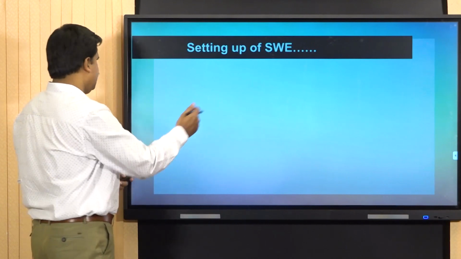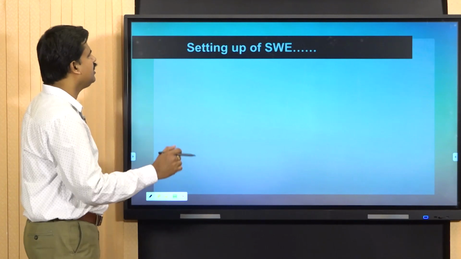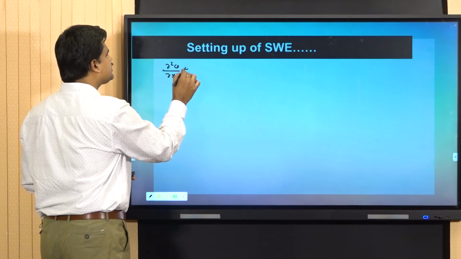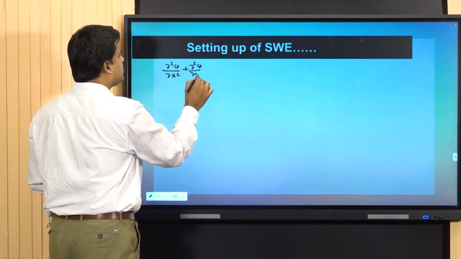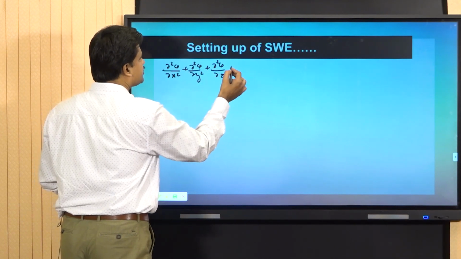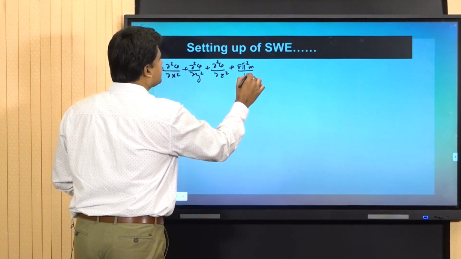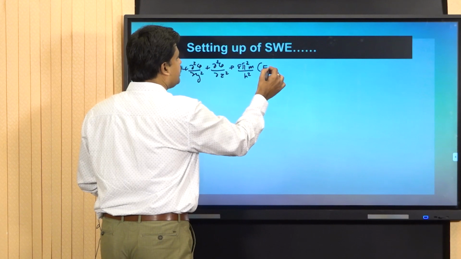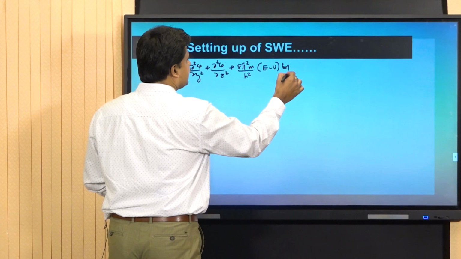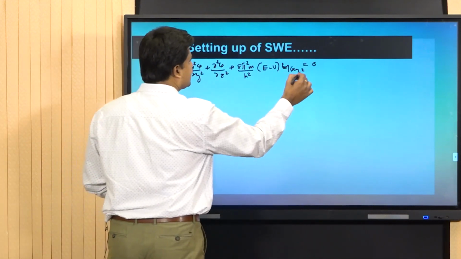That is, we have the left hand side equal to dou square psi by dou x square plus dou square psi by dou y square plus dou square psi by dou z square plus 8 pi square m by h square into E minus V into psi of x, y, z is equal to 0.